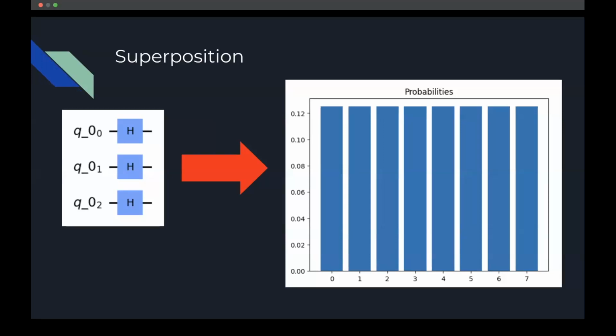The traditional way of creating an equal superposition is using Hadamard gates. A Hadamard gate puts a single qubit into an equal superposition of 0 and 1. When applied to multiple qubits, it puts the system into a superposition of 2^k states, where k is the number of qubits. Many search algorithms use an equal superposition to initialize their search space.